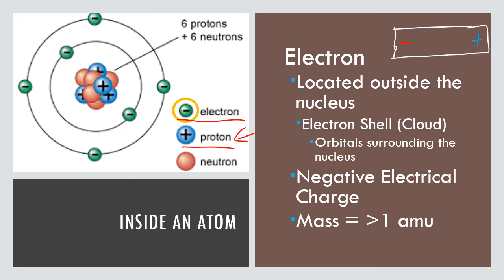Now, because these are waves, like I previously stated, because electrons are waves, their mass is less than 1 atomic mass unit. And when we're saying less than, basically non-existent as far as mass. They're basically just energy.